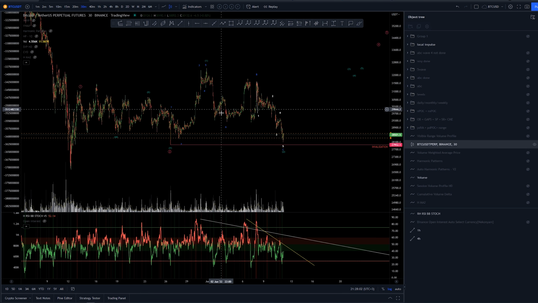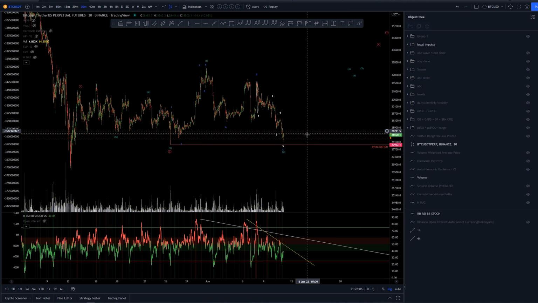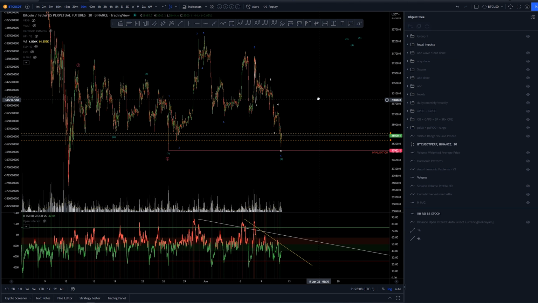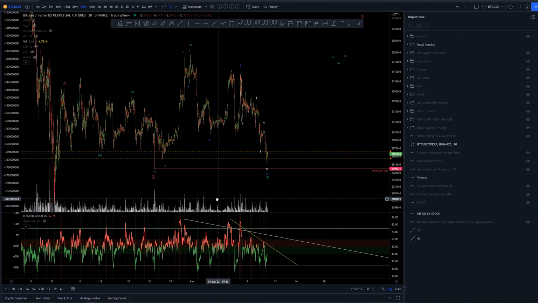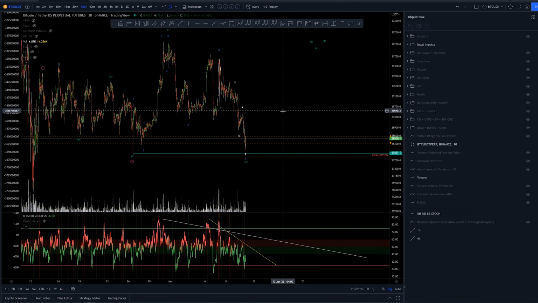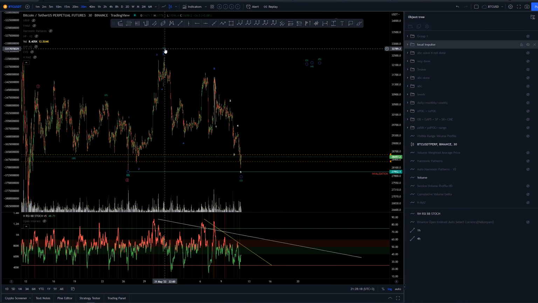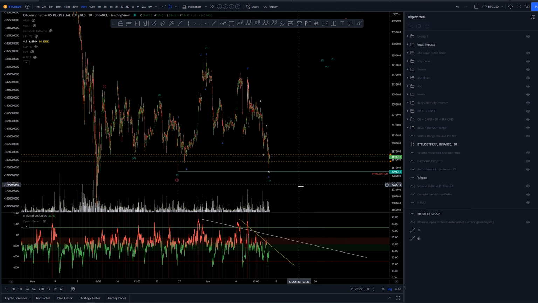Then again, we would have the 5 waves here into A, 3 waves into B, and now 5 waves into the C wave. Now, again, we are really close to the invalidation levels of this count here. For this submicro count, we can't really take another low here on Bitcoin.